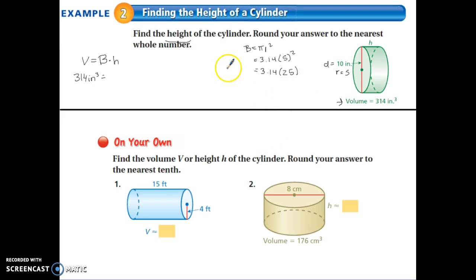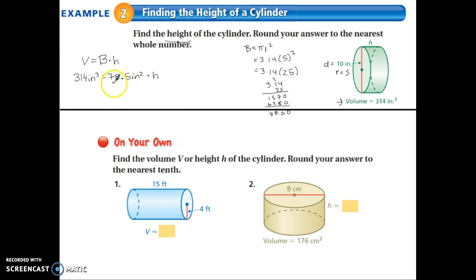And now that I've done my exponents, I can go ahead and multiply 3.14 by 25. I end up with 78.50 or 78.5. So capital B, or the area of that circular base, is 78.5 square inches. Times the height is going to give us our whole volume.